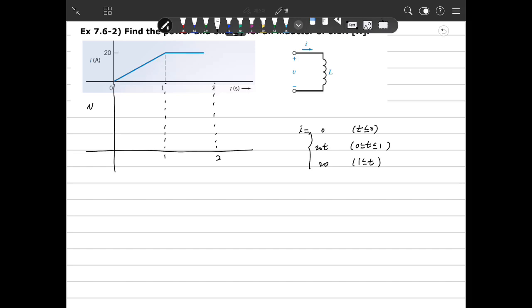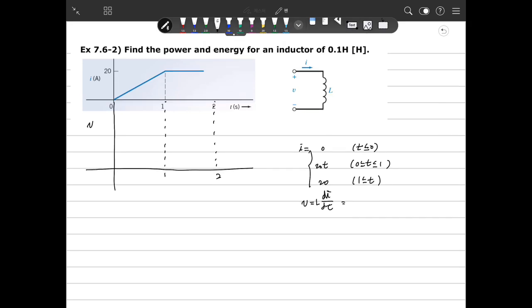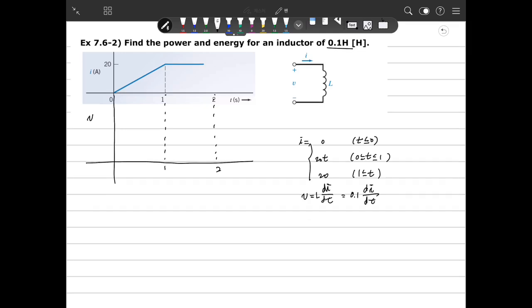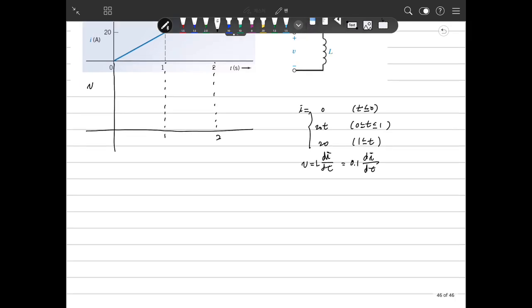Then we need to know the voltage. How do we know that? Because v is L di/dt. Because the inductance here is 0.1, so v is 0.1 di/dt.